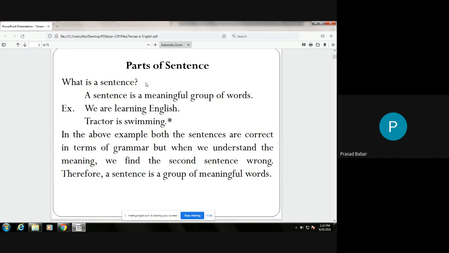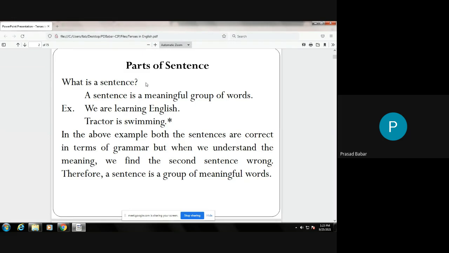But the first sentence, we are learning English, is a grammatically correct sentence as well as a meaningful sentence. So this is the difference between a grammatically correct but meaningfully wrong sentence.